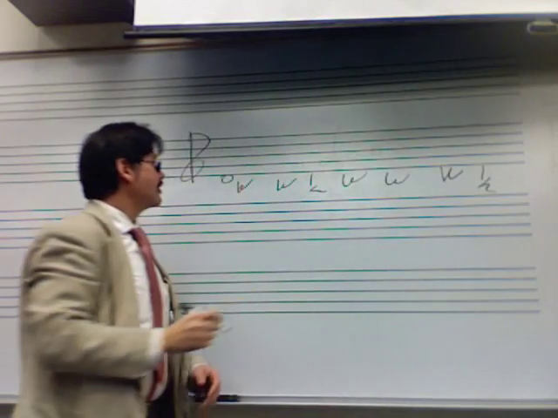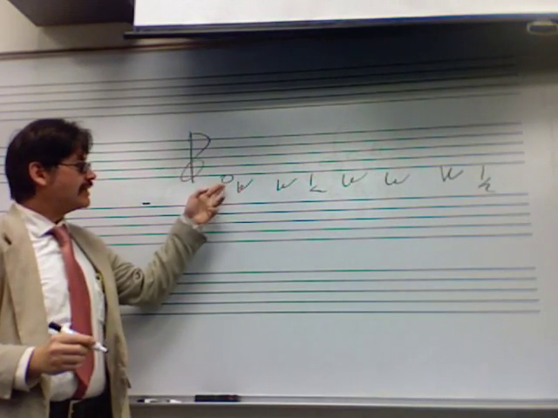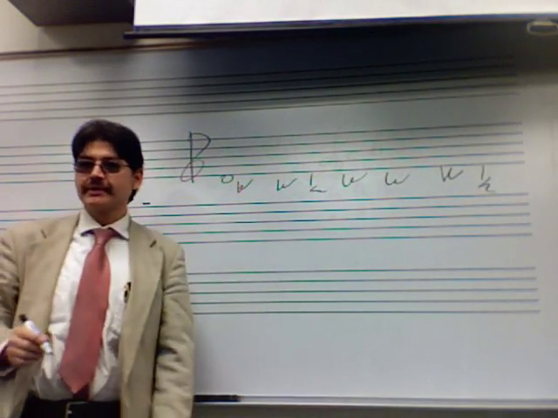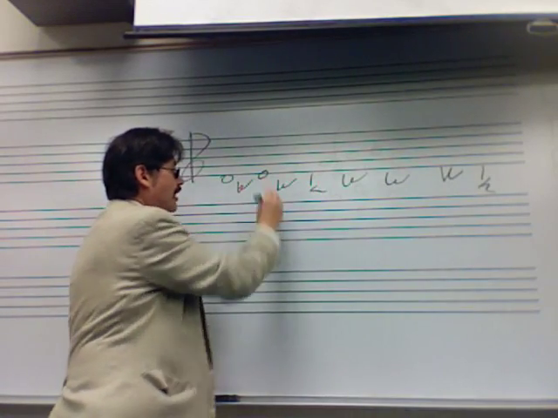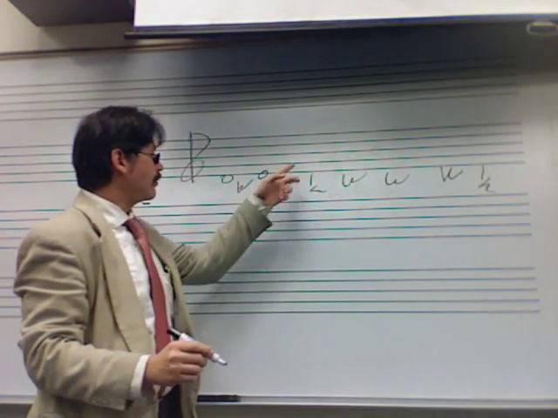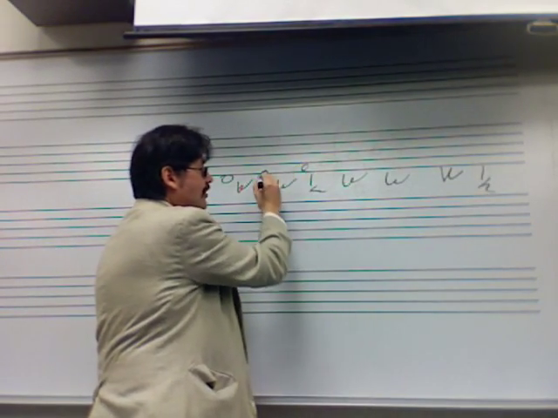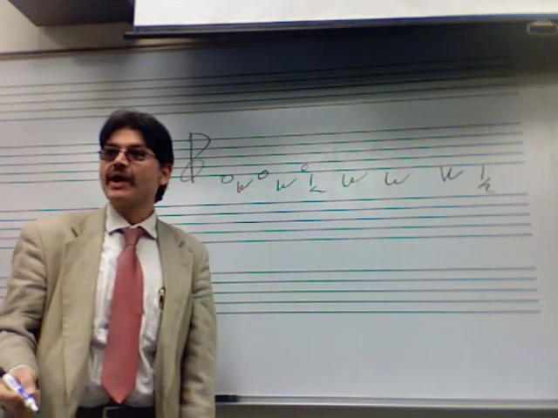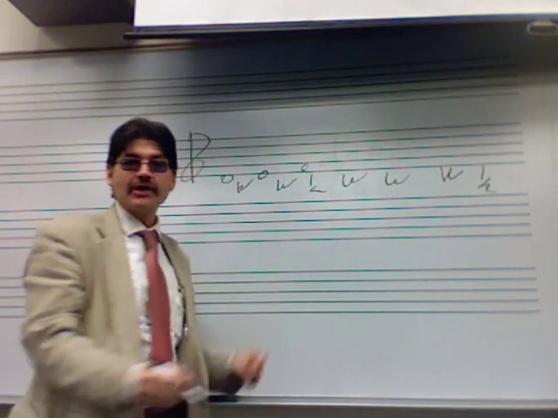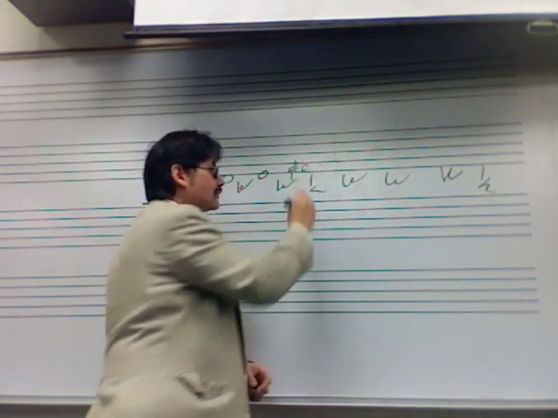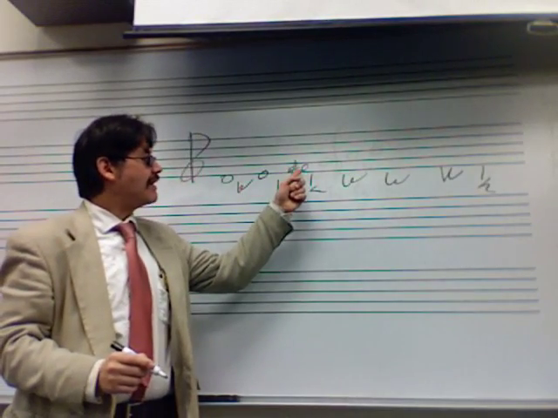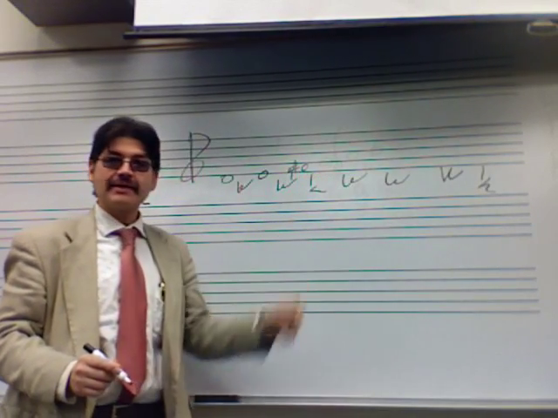Okay, there we go. So between D and what is a whole step? E. Between E and what is a whole step? Okay, so F sharp, right? Because between E and F, that's a half step. So I've got to increase the value, so I'll put a sharp there. All right? Between F sharp and what is a half step?